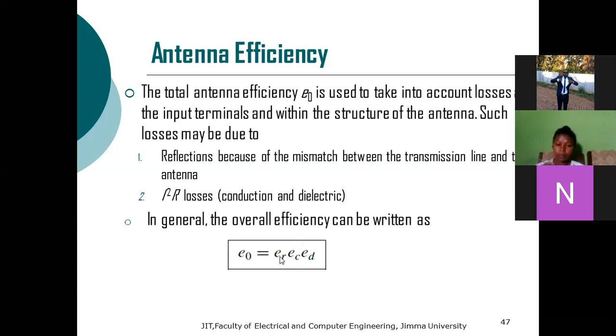Whereas ER is the reflection loss, which happens due to transmission line and antenna mismatch. So we have incorporated this efficiency so as to have a general expression.